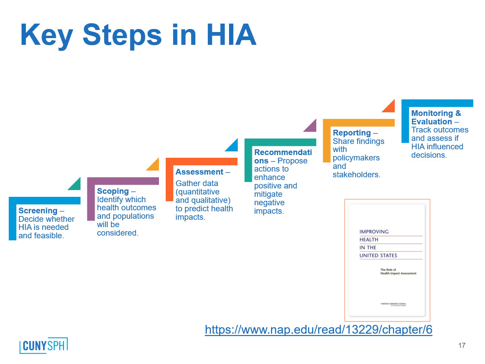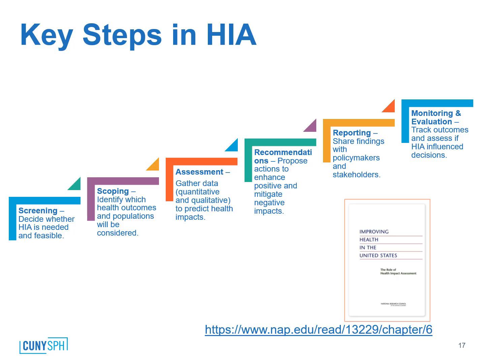HIAs follow a set of structured steps, from screening to monitoring and evaluation. Screening asks whether an HIA is needed and feasible. Scoping defines which health outcomes and populations to consider. Assessment involves collecting data, both quantitative and qualitative, to predict health impacts.